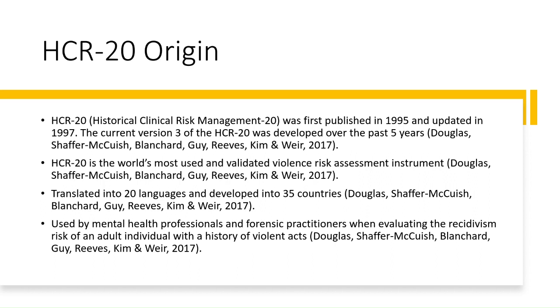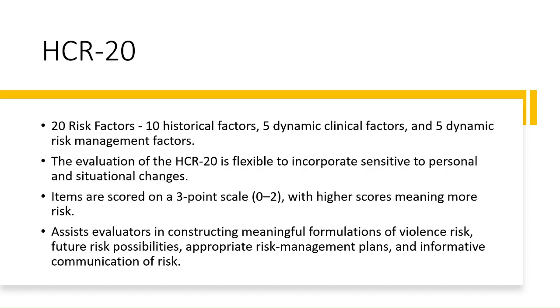It's used by mental health professionals and forensic practitioners when evaluating the recidivism risk of an adult individual with a history of violent acts. The 20 risk factors it is made of are 10 historical factors, 5 dynamic clinical factors, and 5 dynamic risk management factors. The evaluation of the HCR-20 is flexible, sensitive to personal and situational changes.